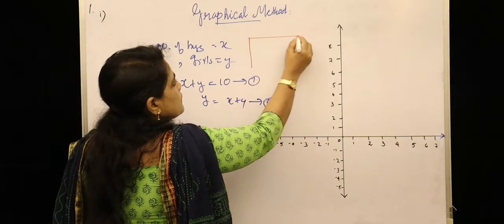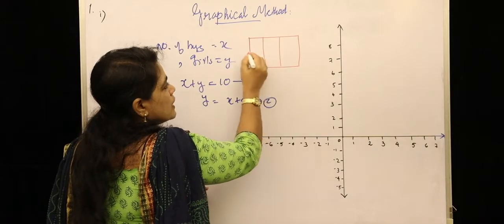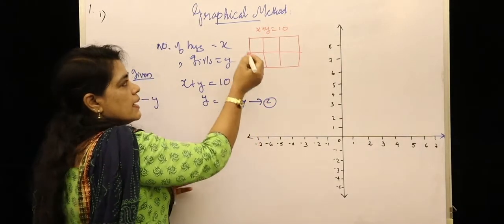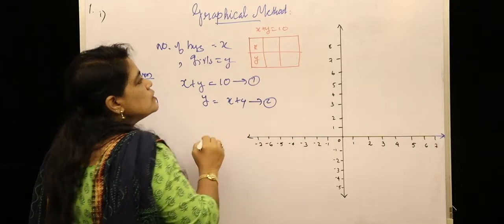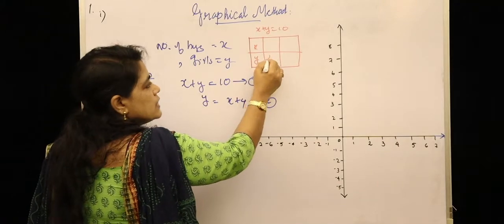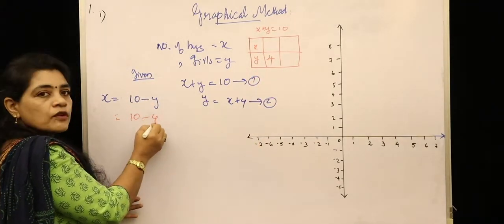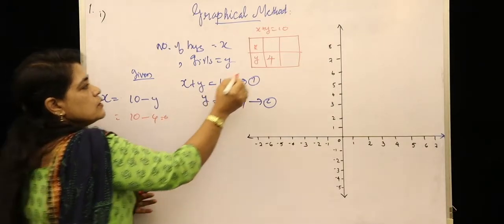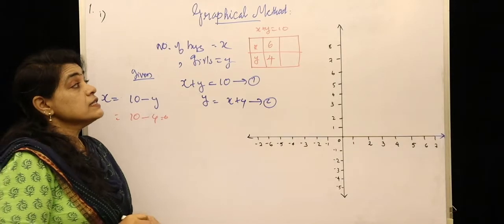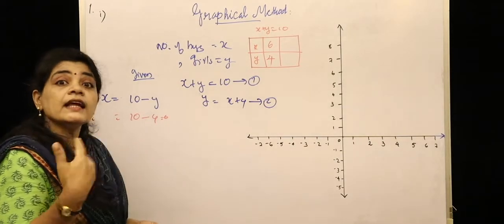Look children, here is the solution set of x plus y is equal to 10. This is a line. So x and y. When y is equal to 4, what will be x? 10 minus 4, that is 6. So x becomes 6. And when y is equal to 6, you can take any values.